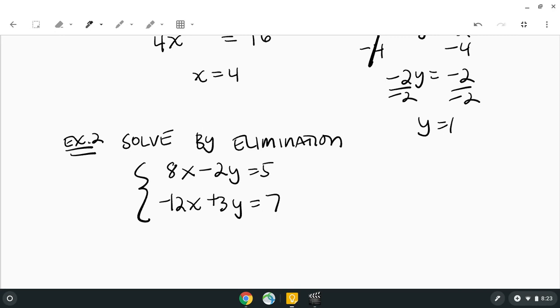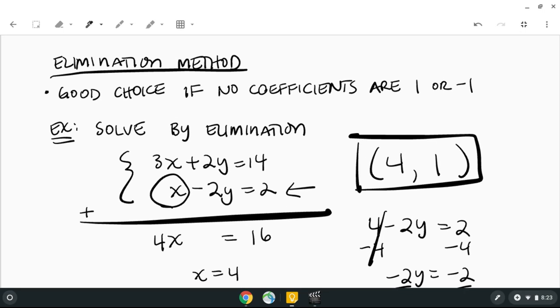So clearly here, I don't have a 1x or a 1y anywhere. So if I do choose to use substitution here, well, if I try to get any of the x's or y's by themselves, then I introduce fractions, right? Like over here, if I try to solve for x, I'm going to end up having to divide by 8 at some point. Introducing fractions.